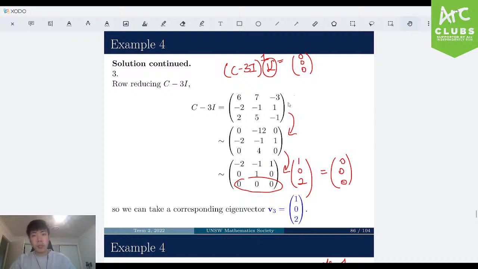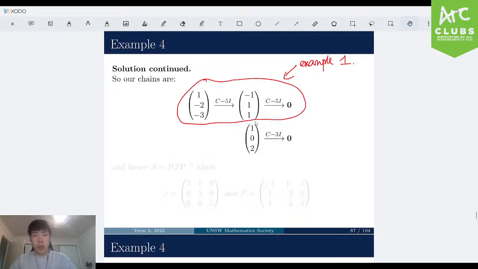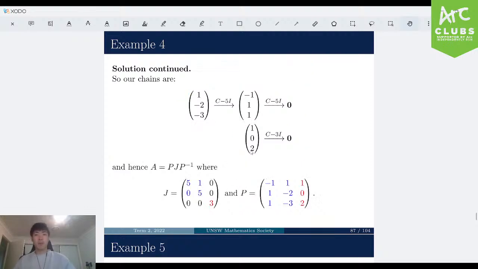So the Jordan chain process for eigenvalue 3 is just one step, because with prior knowledge we already know that the Jordan chain for eigenvalue 3 would only be of length 1. And so now, just plug in what we have into our P and our J. The columns of P will be filled up with the generalized eigenvectors.